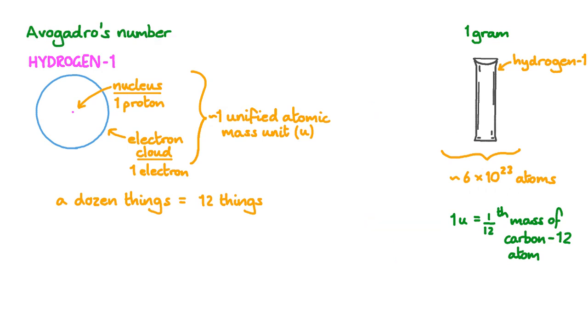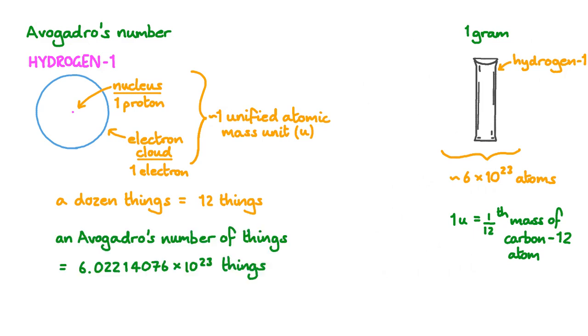To keep things simple, chemists came up with a strict amount of things and called it Avogadro's number, after the Italian scientist Amedeo Avogadro. Avogadro's number is exactly 6.02214076 times 10 to the power of 23. That's about 602,000 billion.